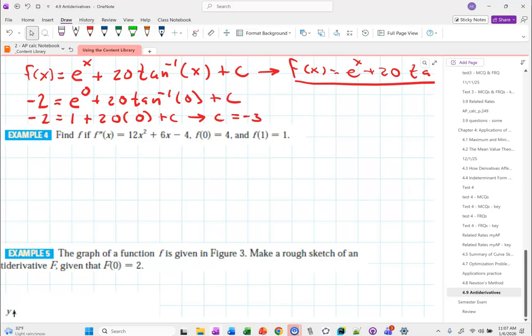All right. So let's start. Let's find the first derivative. Let's recover that first. So what is the antiderivative of 12x squared? So we add 1 to the exponent and then divide by the new exponent.